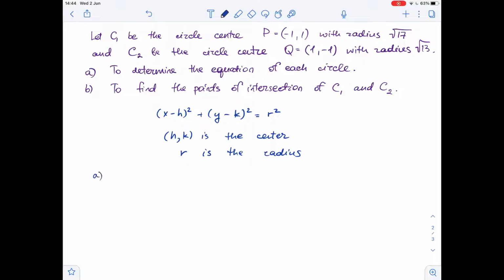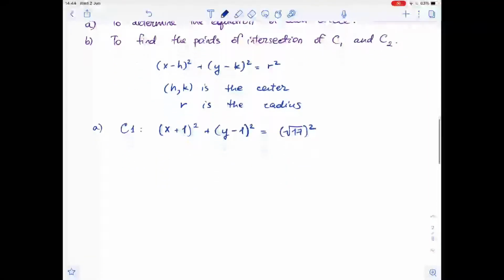Let's start with circle C1. So for circle C1, we have that (x + 1)^2 + (y - 1)^2 is equal to (square root of 17)^2. Now let's simplify it.